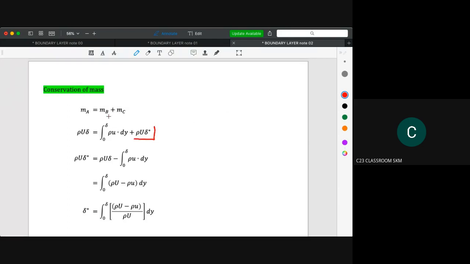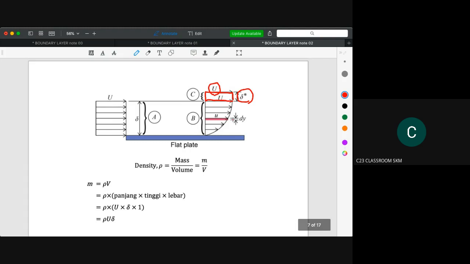Then we need to calculate the mass from the B area. For the B area, we have a little bit of a problem because the velocity here is not the same. We cannot just take one velocity to fulfill the equation, because the velocity varies from point to point.